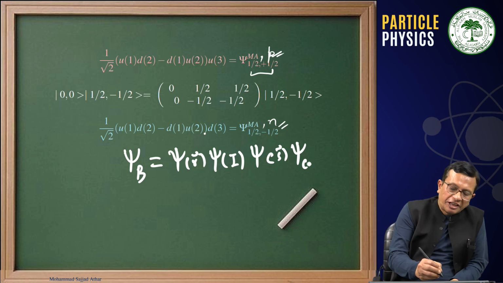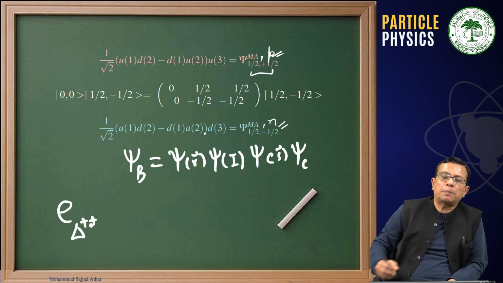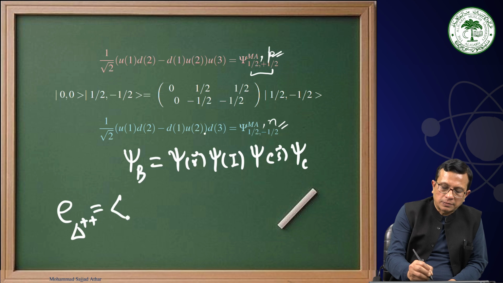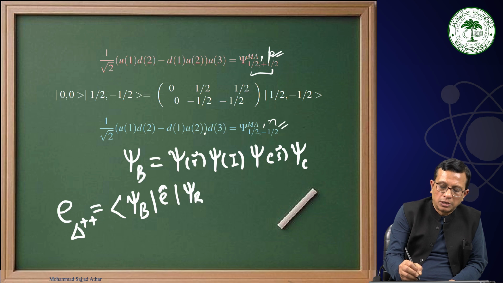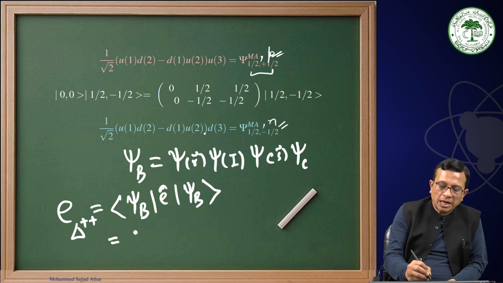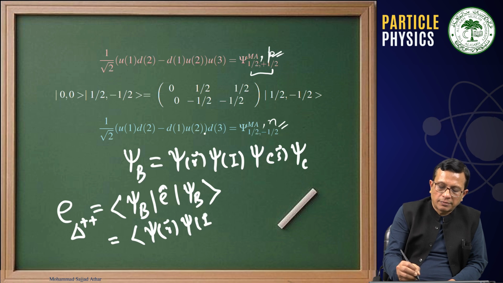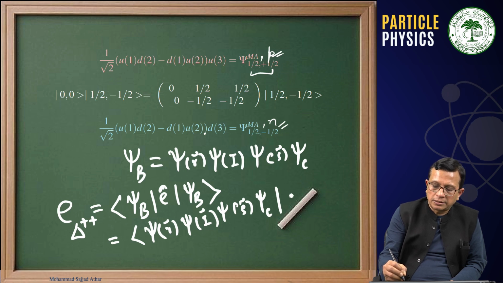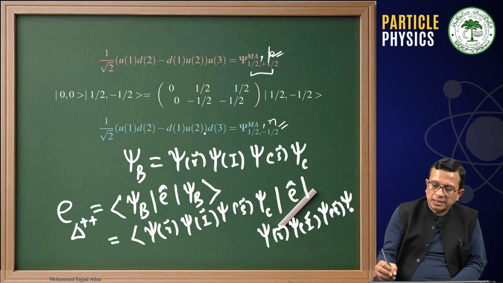For example, if I want to evaluate the charge of delta plus plus using the quark model, it will be the expectation value of the charge operator between these baryonic states: psi R, psi I, psi S, psi color, the charge operator, psi R, psi I, psi S, psi color.